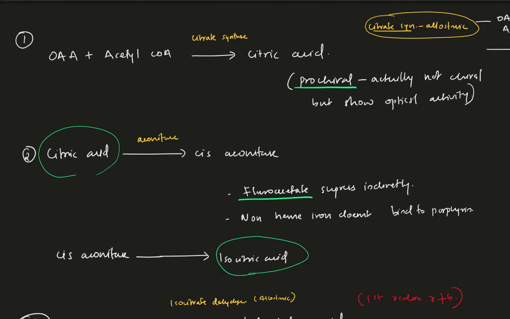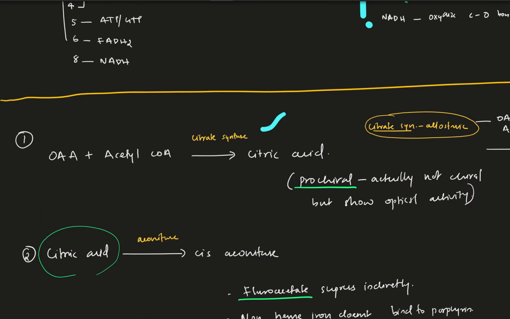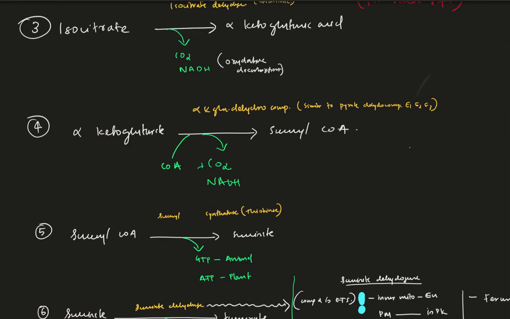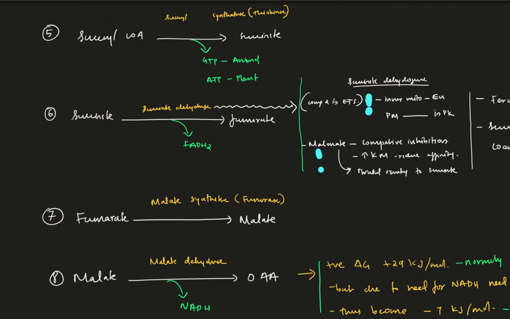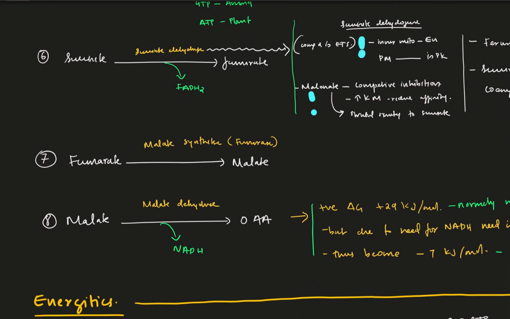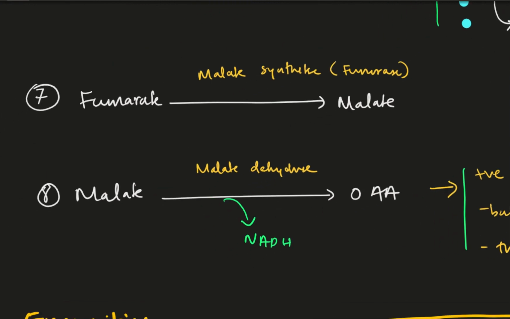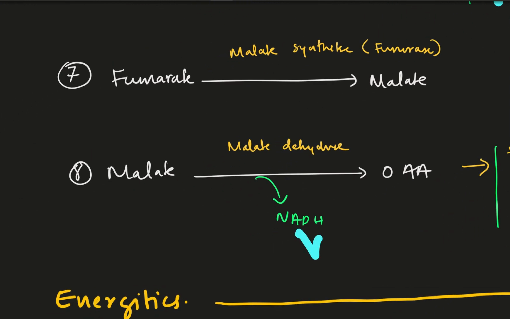In the citrate step, it is citrate synthase. I have confirmed and verified this is citrate synthase here. And in the case of succinate, it is succinate synthetase. This reaction cannot be reversed, and this enzyme cannot utilize ATP. And with malate dehydrogenase, here also an NADH is produced.